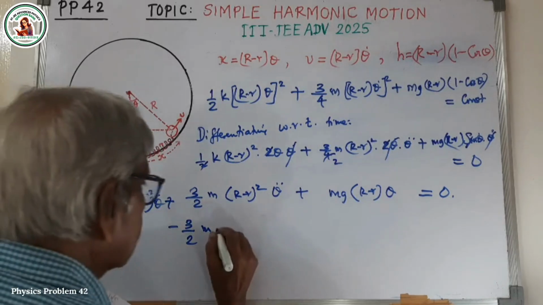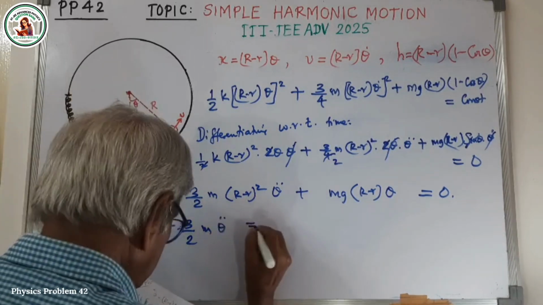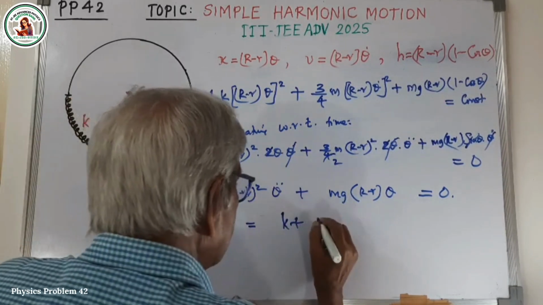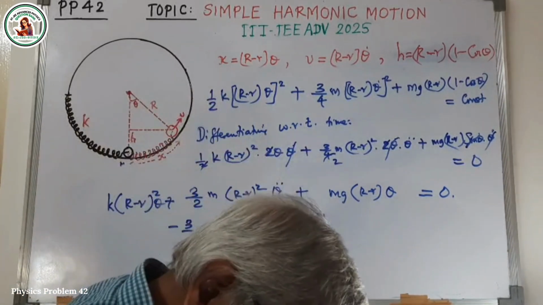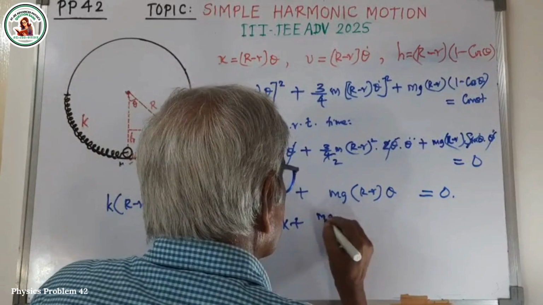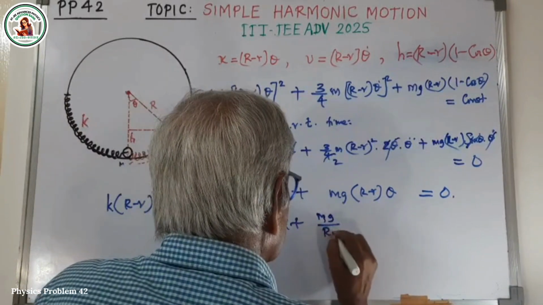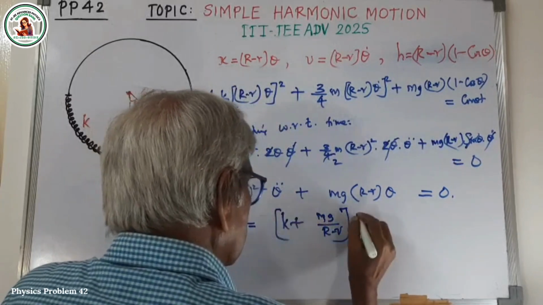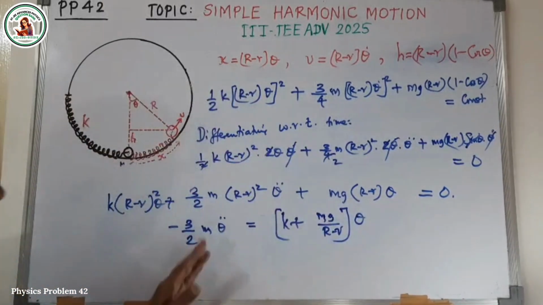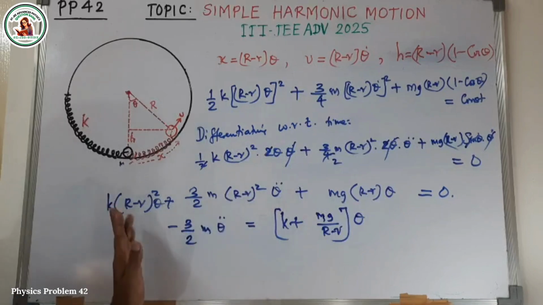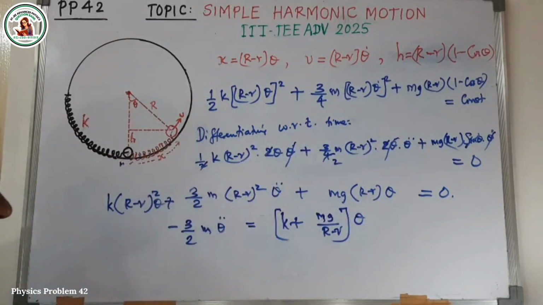So theta double dot is retained with a minus sign, and the remaining we take to the other side.